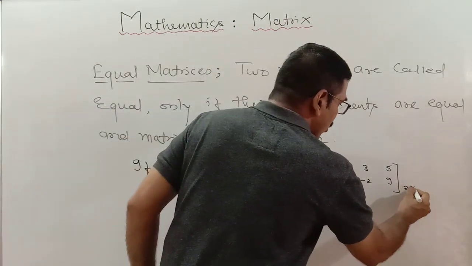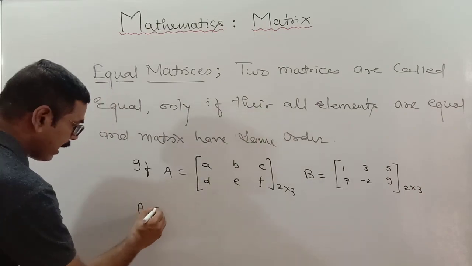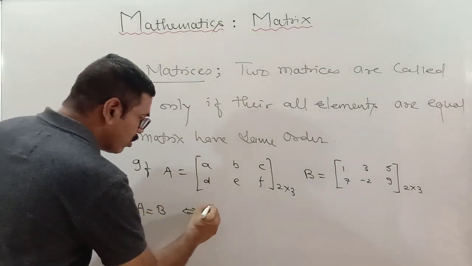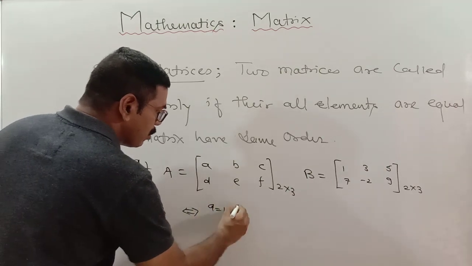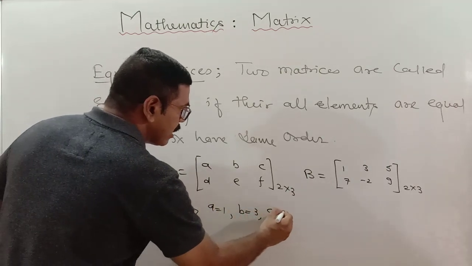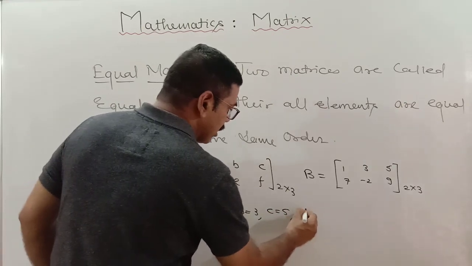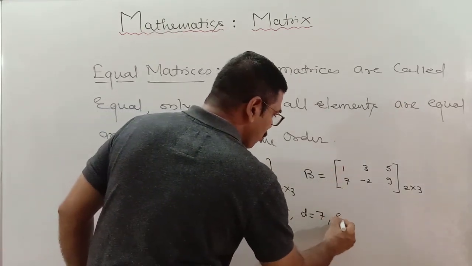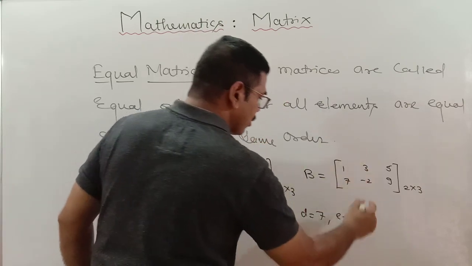Its order is 2 cross 3. So A is equal to B. It implies that a is equal to 1, b is equal to 3, c is equal to 5, d is equal to 7, e is equal to minus 2 and f is equal to 9.